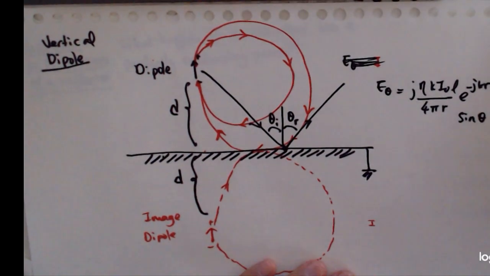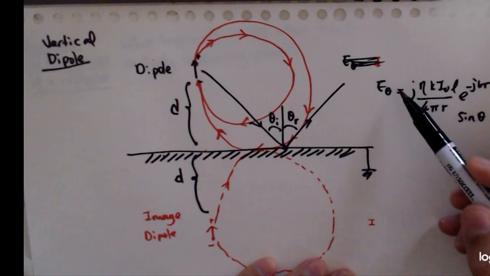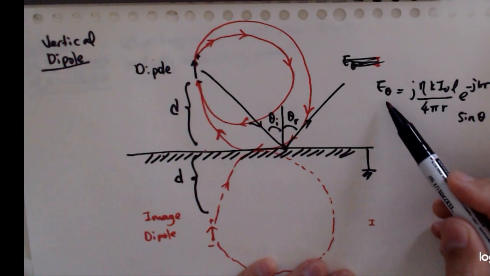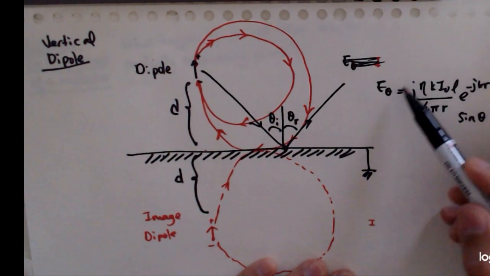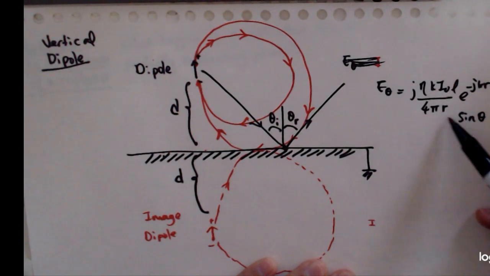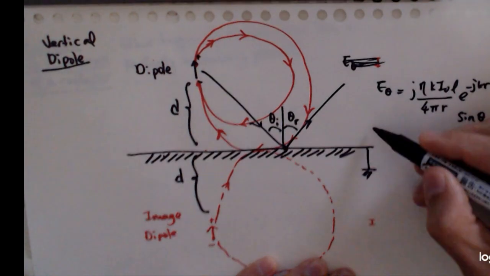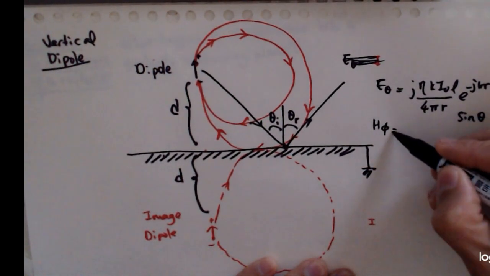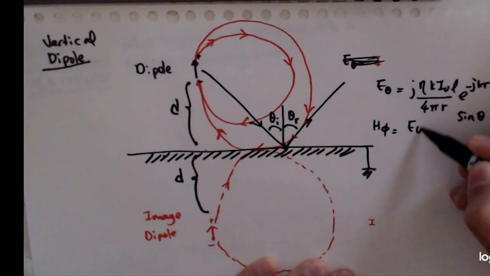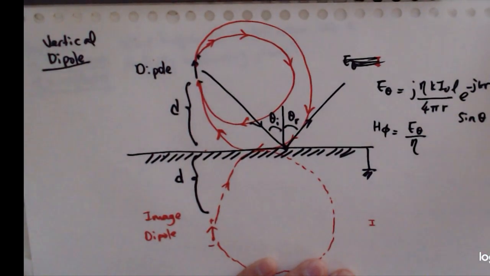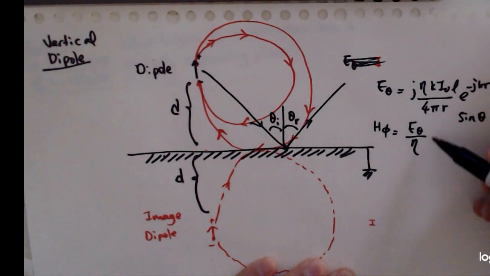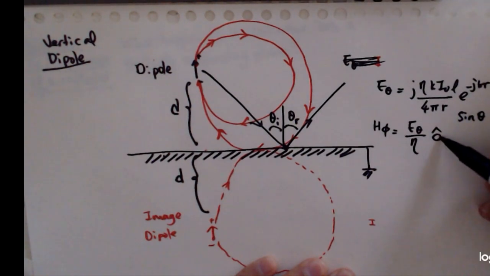And if the dipole is small enough, then we expect the electric field will be given by this formula. The magnetic field will be equal to the electric field divided by the intrinsic impedance.